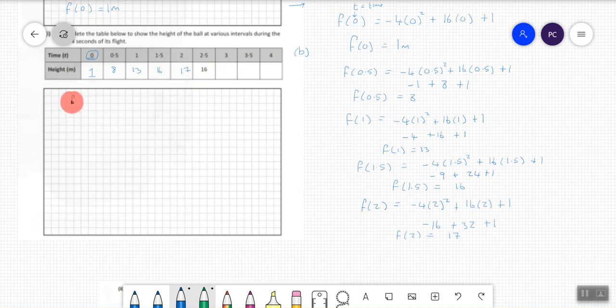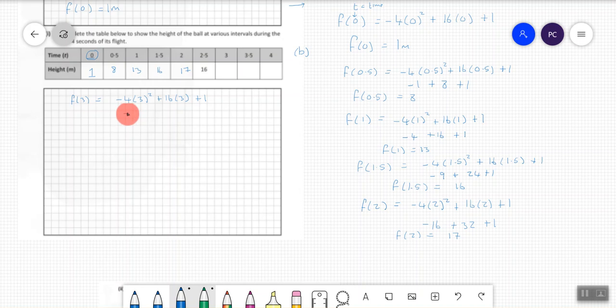So function 3, this is from here, is going to be equal to minus 4 times 3 squared plus 16 times 3 plus 1. Okay, so that's 3 by 3 is 9. 4 nines, 4 multiplied by 9 is equal to 36.